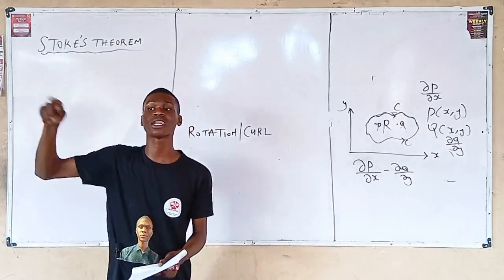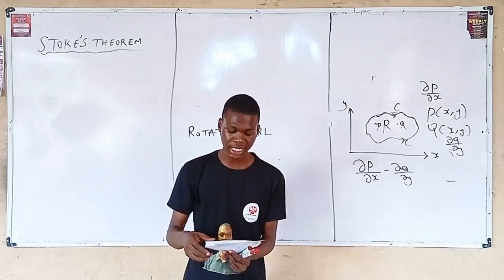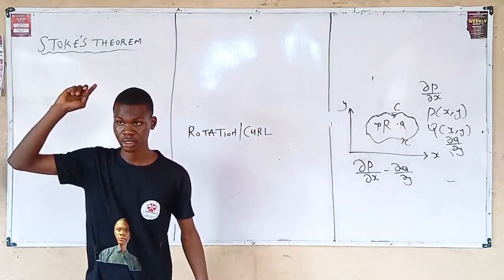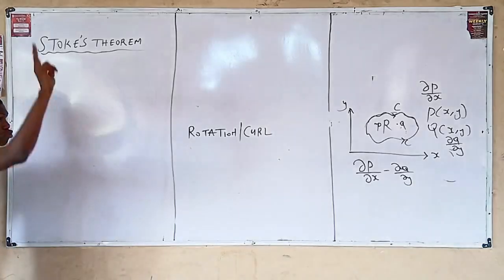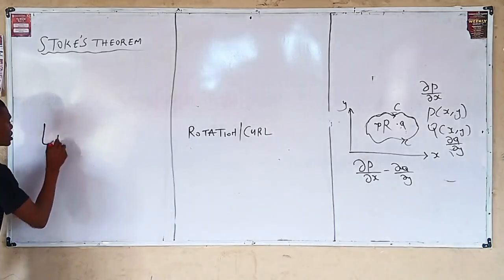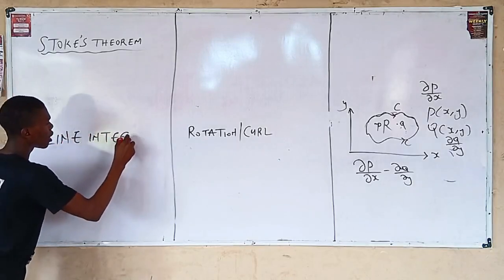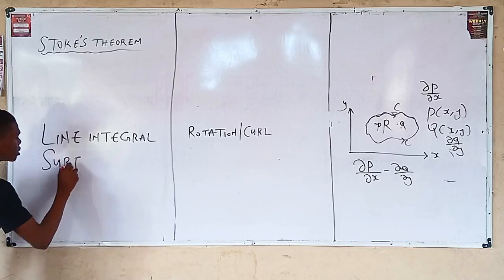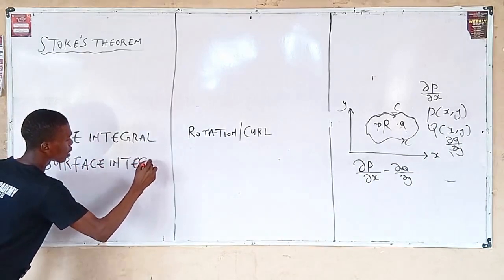Now, doing a practical analogy, imagine a fan where air is circulating along the edges. In this case, the edges are what? In Stokes theorem, we have two terms there. We have the line integral and the surface integral.